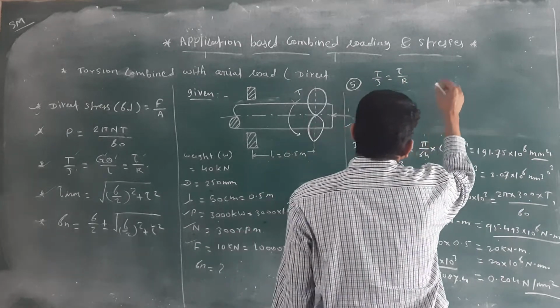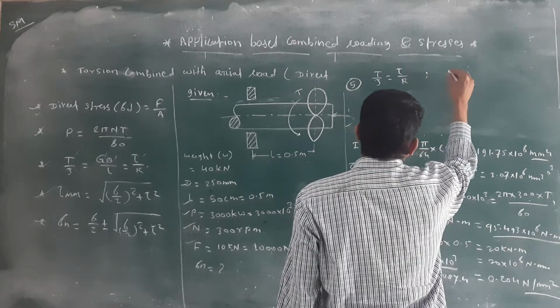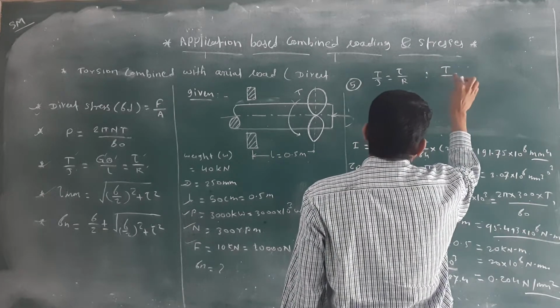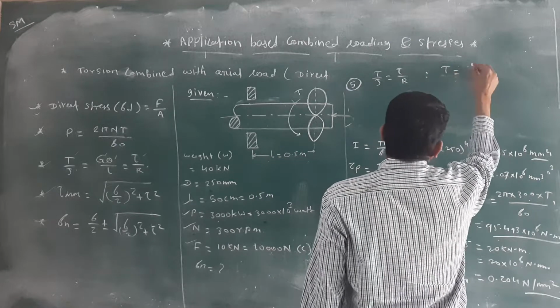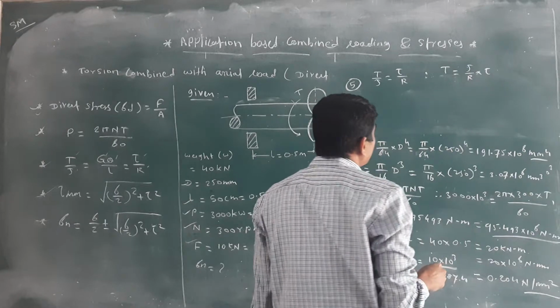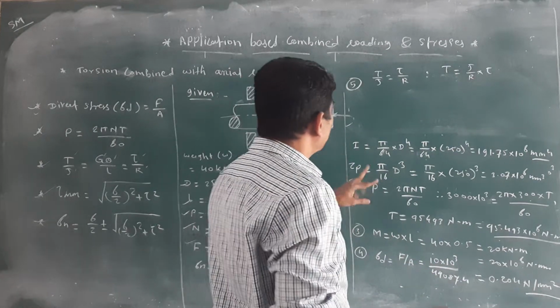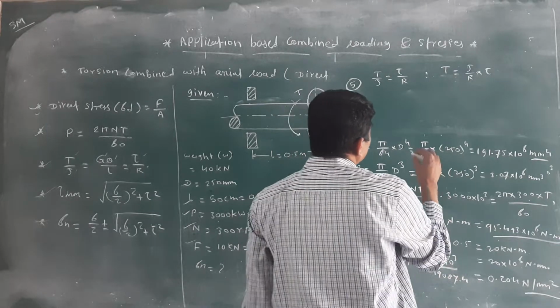Here I will make some simplification. T is equal to J by R into tau. What is J by R? The polar sectional modulus ZP. Already we have calculated the value of ZP.